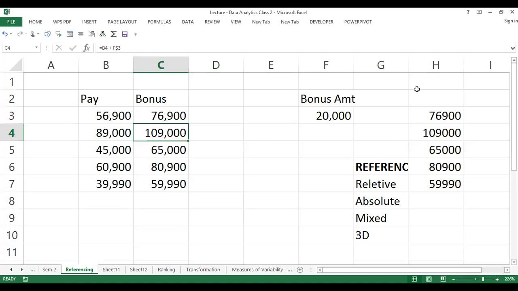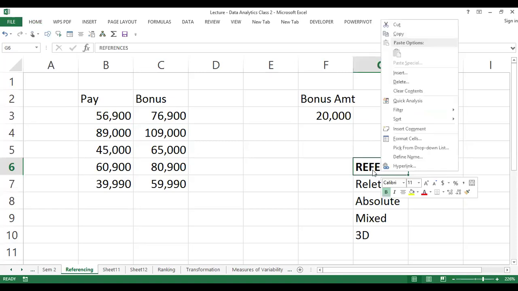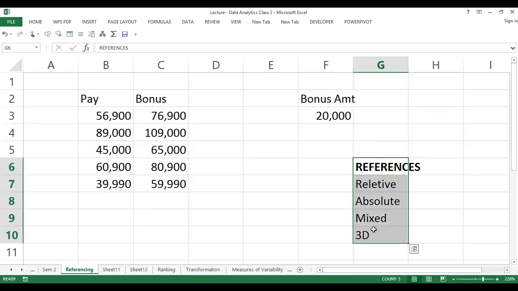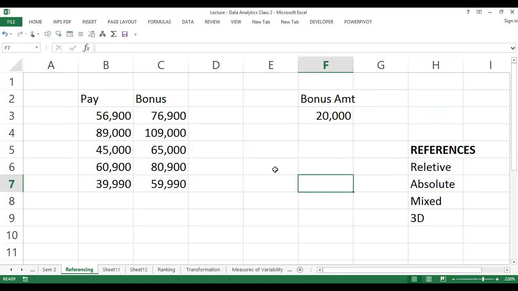Okay. So I said, let's say, for instance, let's just quickly demo this referencing thing because it's very, very important. You should be used to things like this. It helps you a lot in Excel.